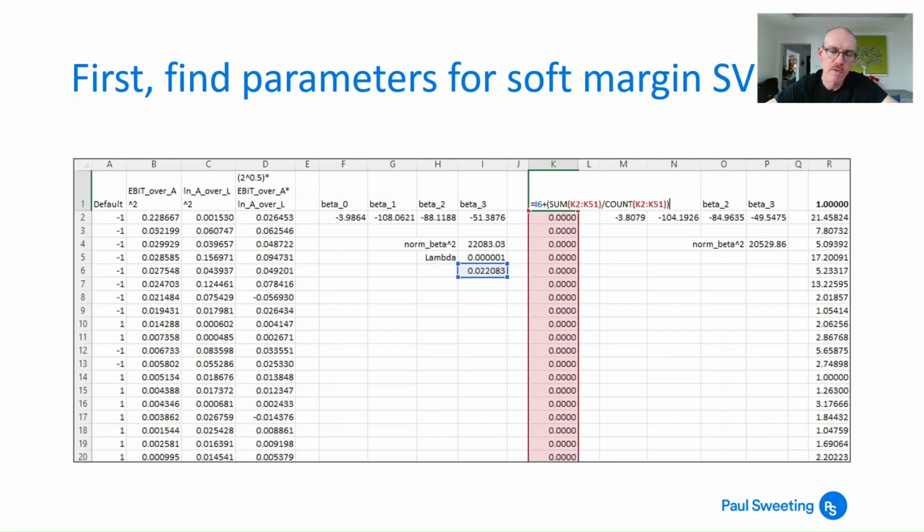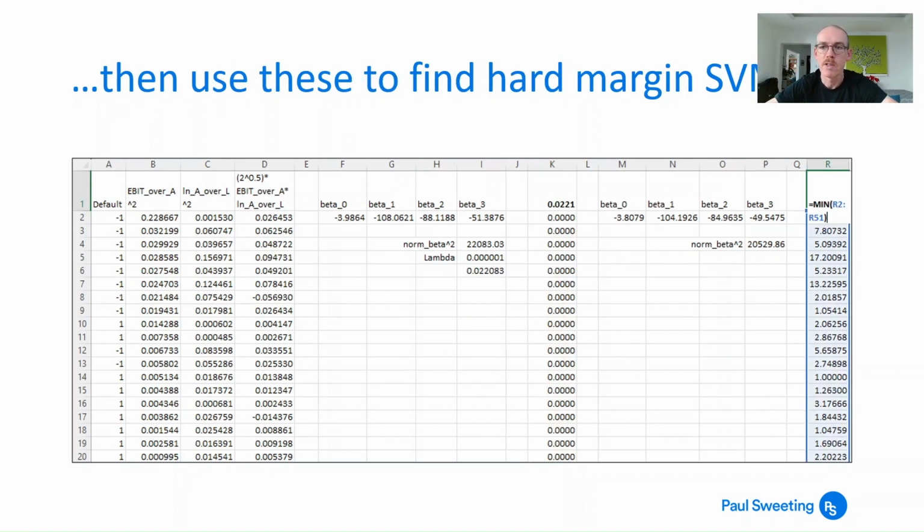So we're doing it based on that transform, but just on the raw data. The reason I try to find the soft margin SVM first is because computationally it's a little bit easier, and it gives us some starting points for our betas for the hard margin SVM. And I know with this data that you can find a hard margin. So I take the betas from F2 to I2, plonk them into M2 to P2, and then I use those to find the hard margin SVM, which you'll see isn't hugely changed, but it's a little bit better.